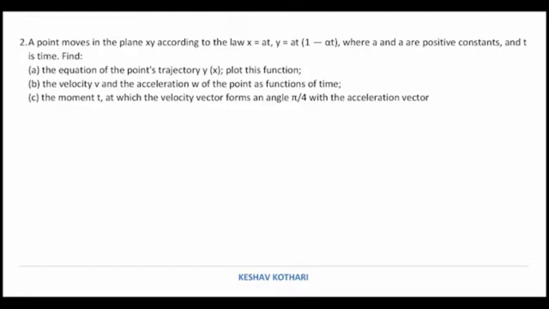So for this particular problem, we are given the motion along the x-axis, x is equal to at, and along the y-axis, y is equal to at(1 minus alpha t). From here I can write that t equals x upon a, and if I put this value over here, y is a times x upon a times (1 minus alpha x upon a).